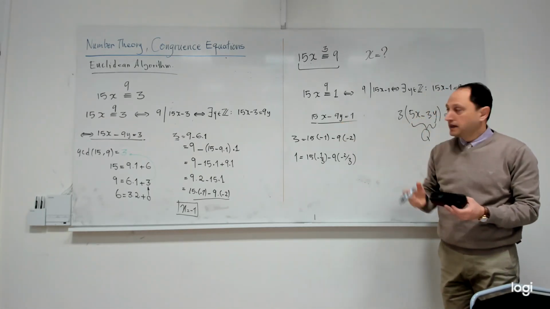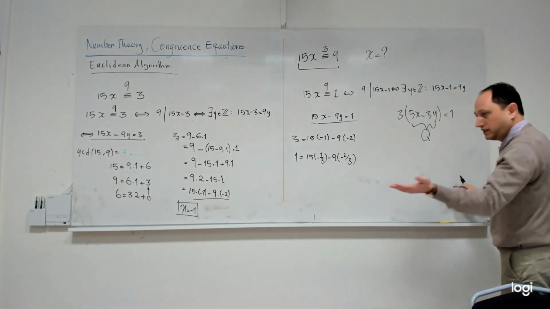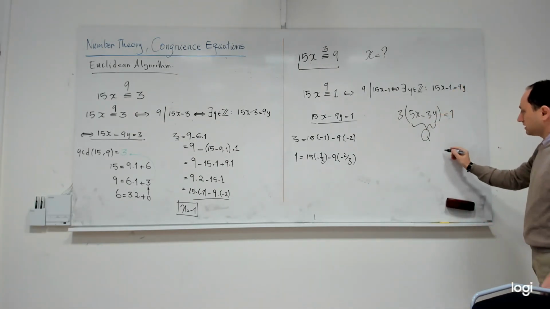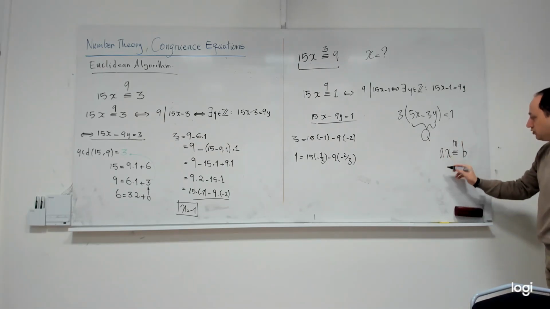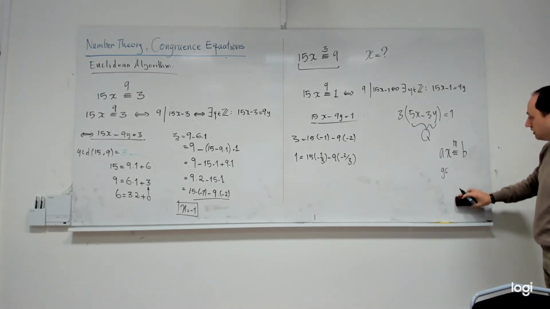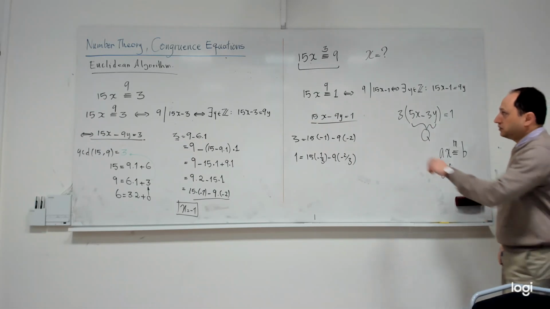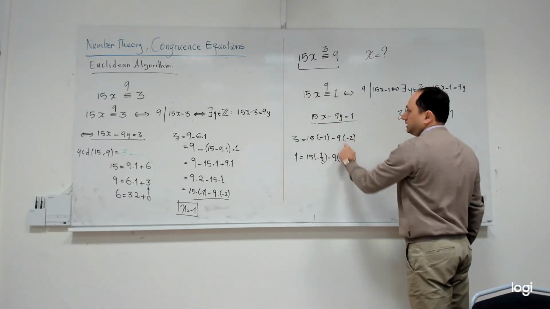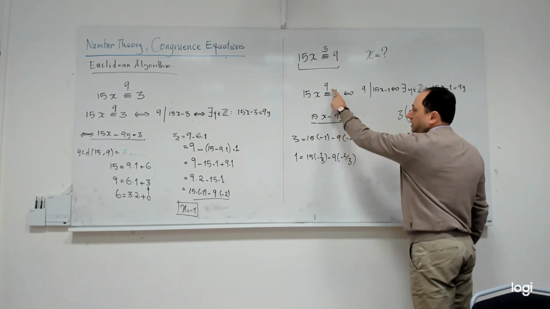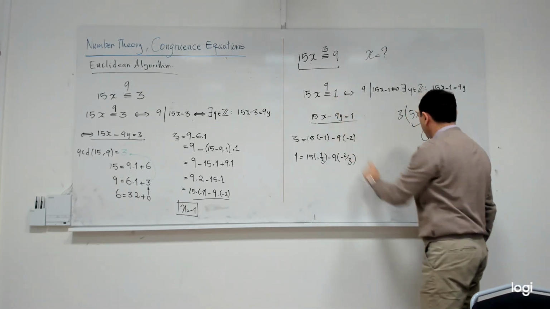Is that clear? Okay, and if I want to give you that, it's not in the book, but the theorem is that if you have this equation, you find the greatest common divisor. Be careful: this 15 is the same 15 here, and this 9 is the modulus.